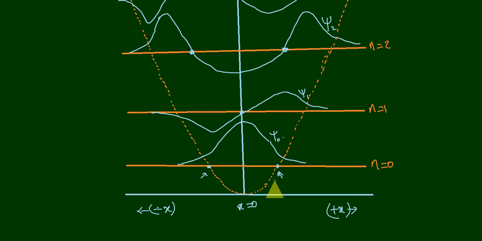But if you look at the psi 0 value here, you can see that even after the turning points, you can find some value for psi 0. See, the psi 0 values extend to here, crossing the classical potential barrier. In other words, the psi function penetrates the potential barrier.